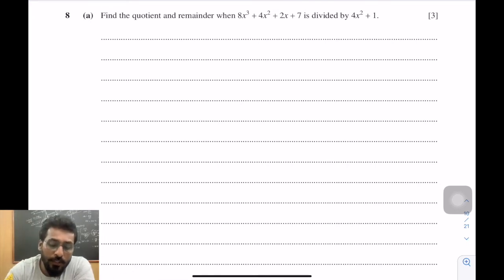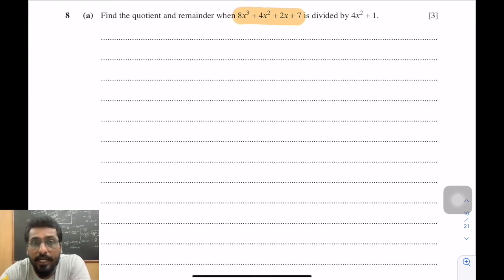So you can observe that the expression that you need to divide is a cubic expression, and you want to divide it by a quadratic expression. So a power 3 expression needs to be divided by a power 2 expression. Be very much sure that the quotient is going to be a linear expression, right, students?